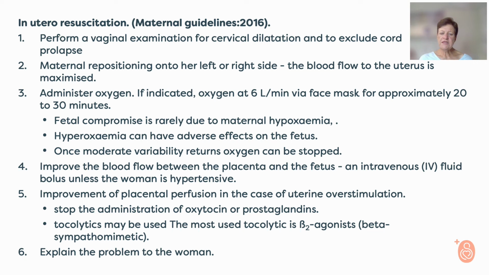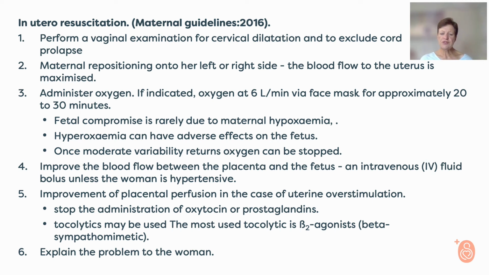Now, we also need to improve the blood flow between the placenta and the fetus. Although we know that variable decelerations, especially in this case where they are kind of normal, are not always associated with fetal compromise, our big sign of fetal compromise in this case is the lack of variability.